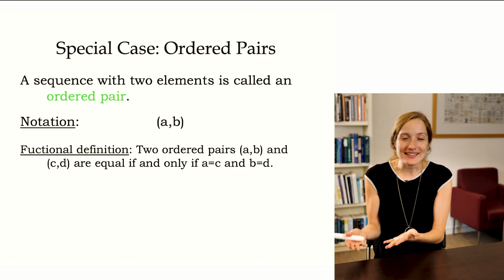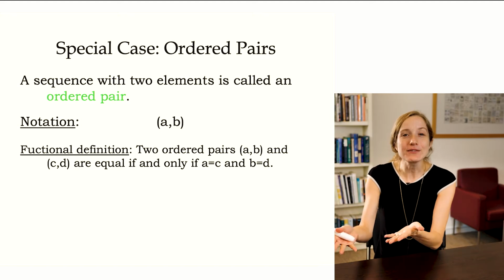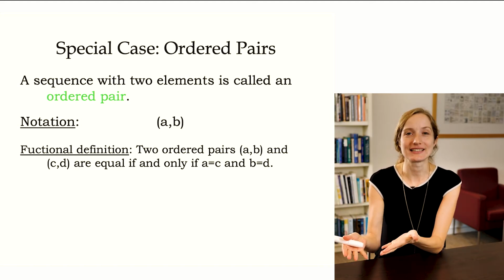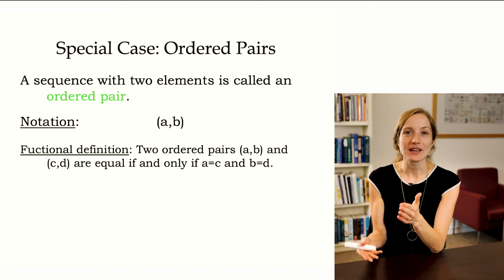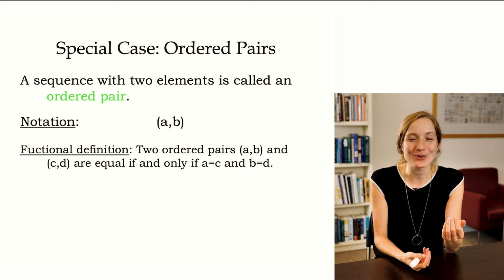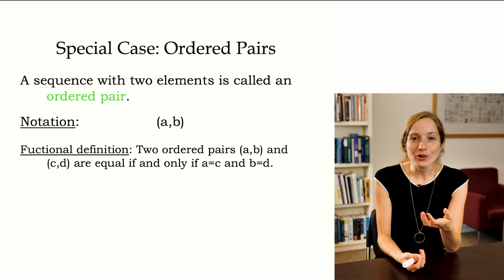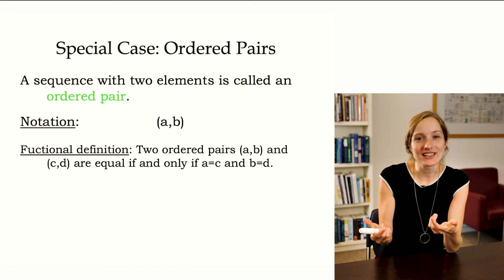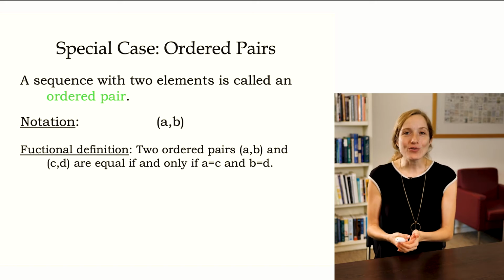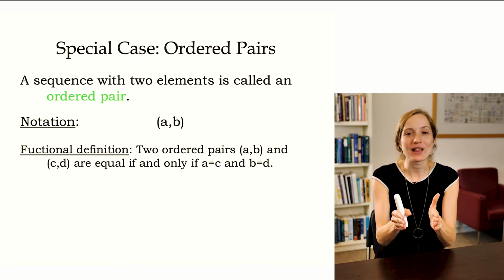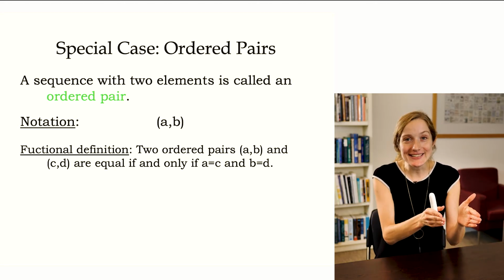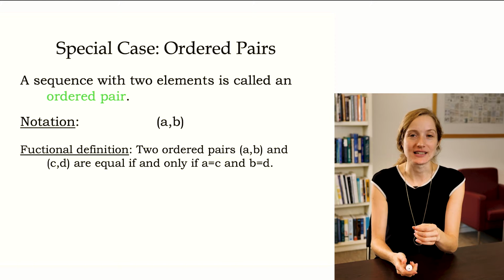Here you have an analogous definition, and a different notion of when two sequences are equal. If I'm looking just at ordered pairs, two ordered pairs A, B and C, D are equal if and only if each of the individual elements are equal. That is, A is equal to C and B is equal to D.